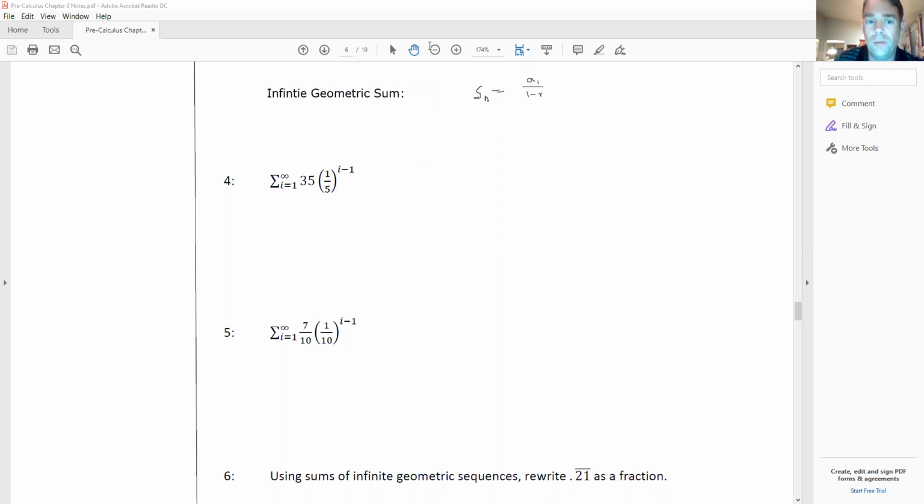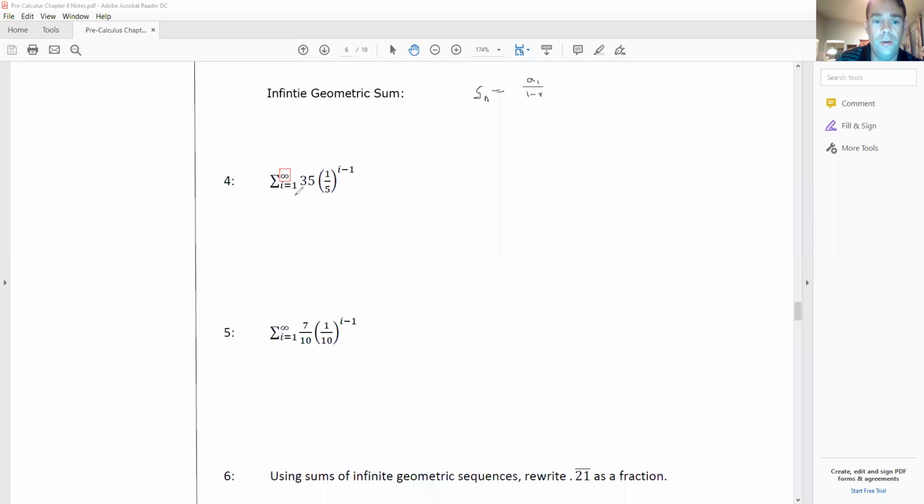And so, again, real easy to tell, friends, we're dealing with infinity. You just look at the top bound. If it is an infinity sign, well, that means it's an infinite sum. So we just got to know a couple things here. We got to know what the r value is, and we need to know what our first term is.